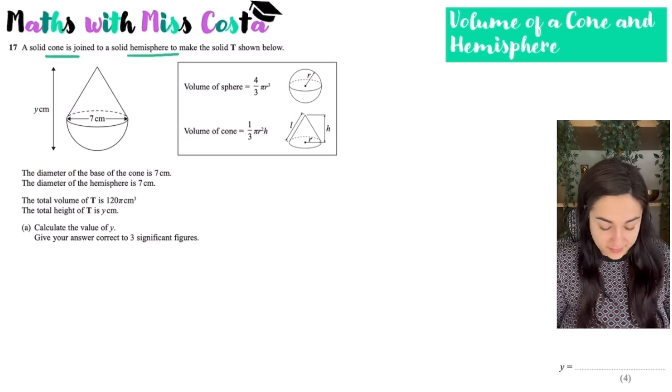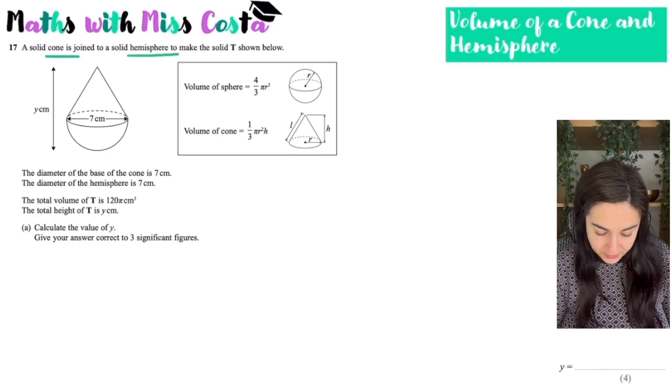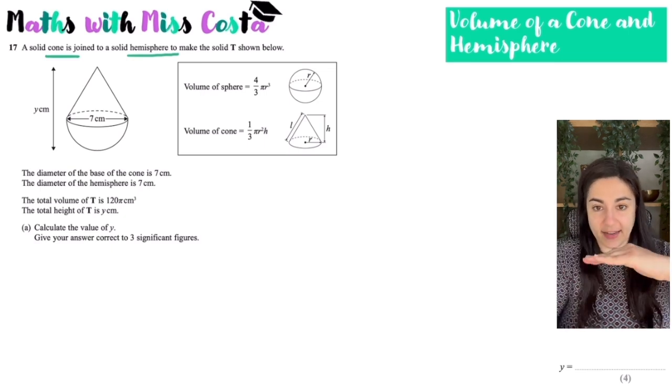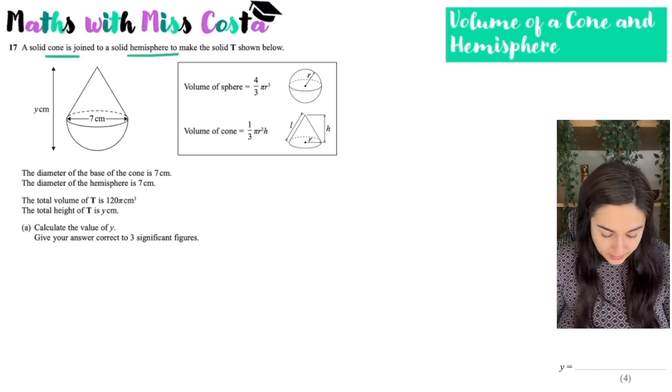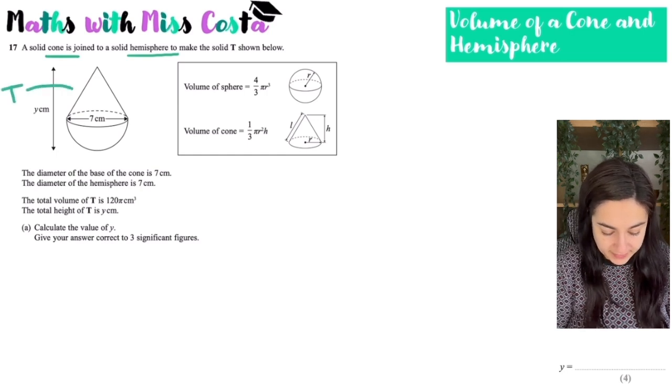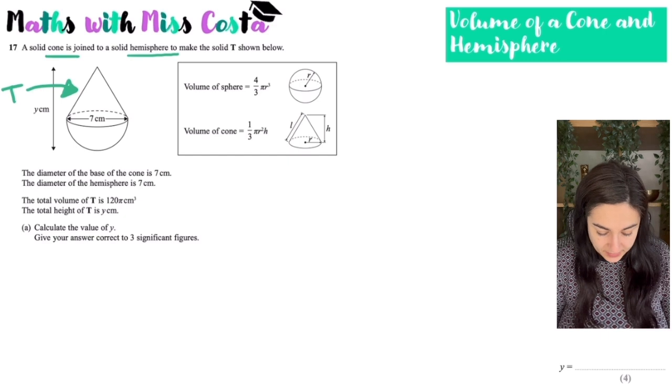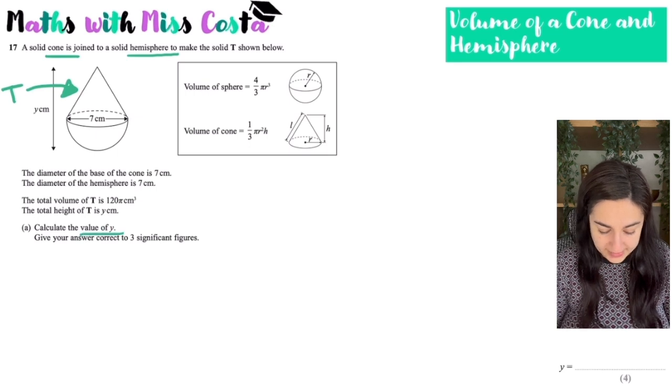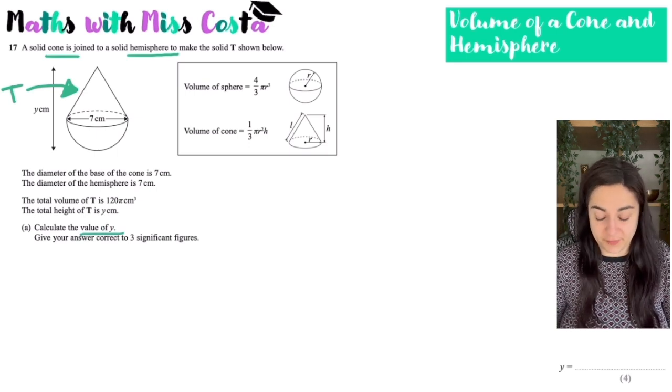Now, you're told that the diameter of the base of the cone is 7 centimeters, and the diameter of the hemisphere is also 7 centimeters, i.e. they're literally attached. So the total volume of T, which is the shape, so this is called T, is 120 pi, and the total height of T is y centimeters. Calculate the value of y and give your answer correct to 3 significant figures.